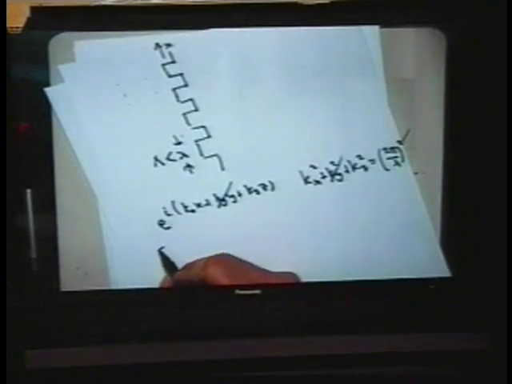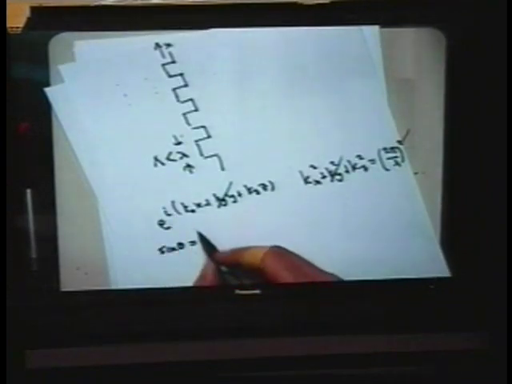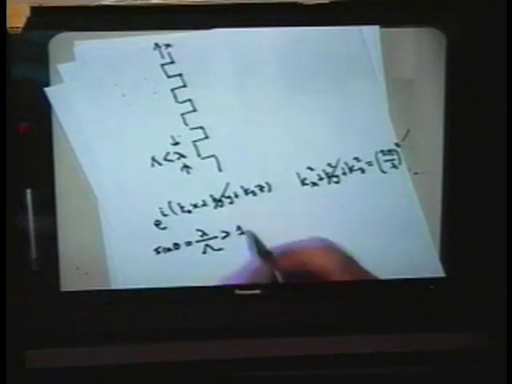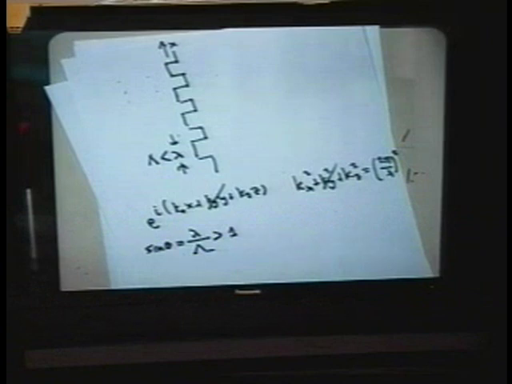What I will have is that sine theta equals lambda upon the period, and it's bigger than 1. Mathematically, if I have a complex angle, the sine can be bigger than 1. But what does this physically mean?